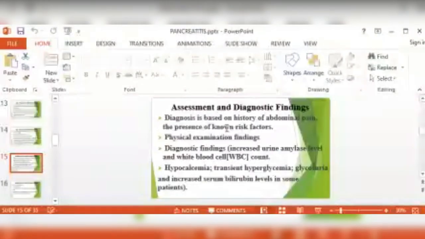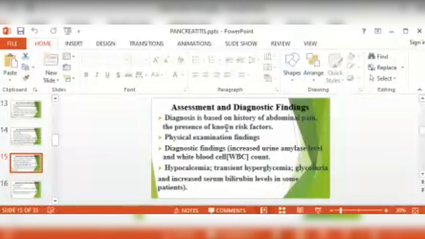And then also sometimes, for the sake of infection in the blood, we can request for white blood cell count. In fact, full blood count to know the HB level too. And then for the sake of the presence of hypocalcemia, you have to request for BUE, blood urea electrolyte, so that you can find the electrolyte levels in the blood. And then you can check for creatinine, because we said there will be acute renal failure.